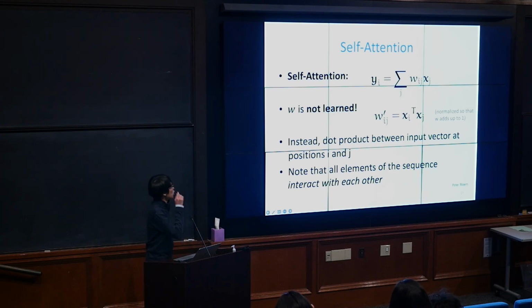The one thing to note here is that all elements of the sequence interact with each other at this self-attention step. Previously for the RNNs, we only had everything we've seen up to that point through the hidden states when predicting each output. Whereas in this case, we get to combine information from all the other inputs throughout the entire sequence when we're doing the self-attention.